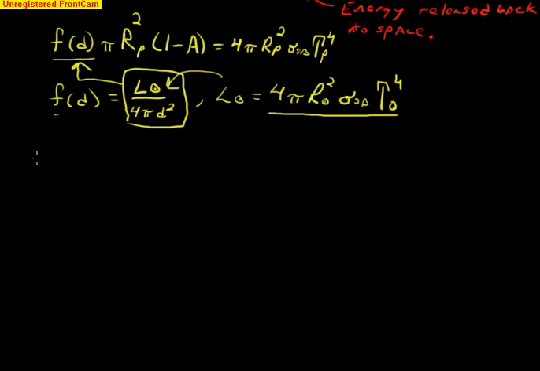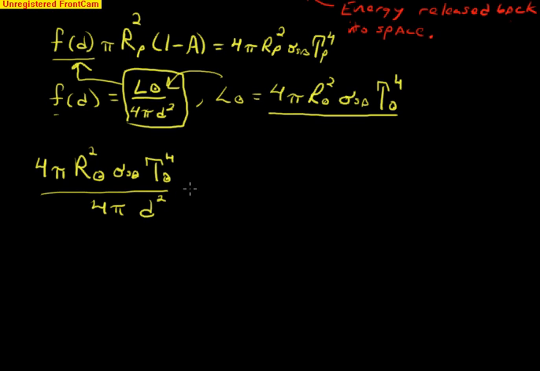We're going to get 4 pi radius of the sun, that's what this little symbol means, squared, times Stefan-Boltzmann's constant, times the temperature of the sun to the 4th power. All of that is over 4 pi times the distance from the sun to the planet squared. That is this term right here.